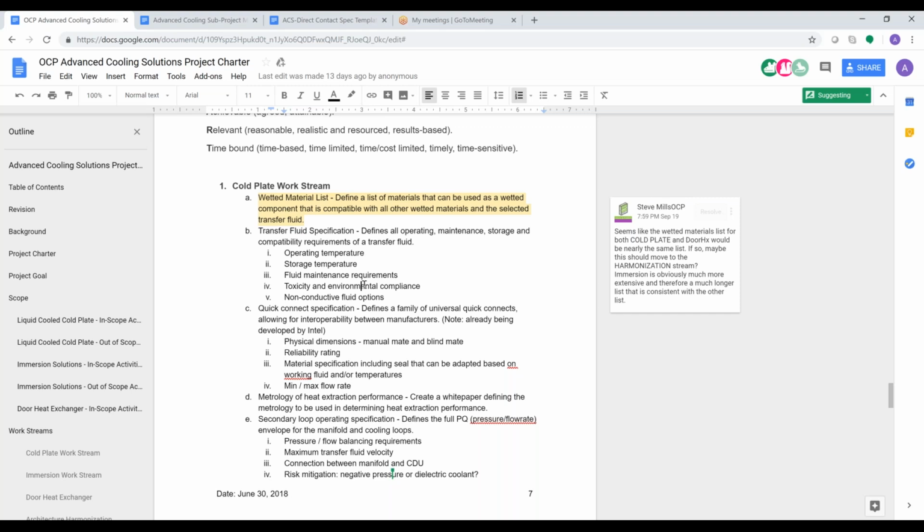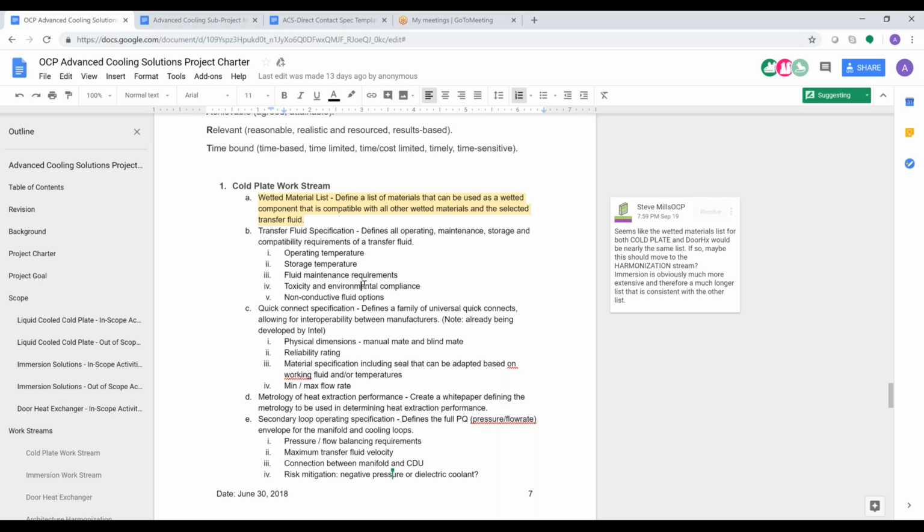So Steve's already called that out in the wetted material list. I think that we could probably say the same thing for rack to data center quick disconnects, and then also metrology probably applies to that same harmonization stream.